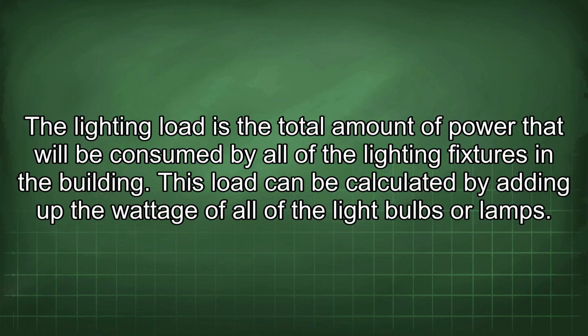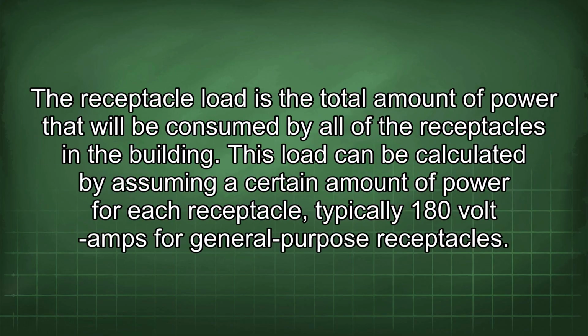This load can be calculated by adding up the wattage of all of the light bulbs or lamps. The receptacle load is the total amount of power that will be consumed by all of the receptacles in the building. This load can be calculated by assuming a certain amount of power for each receptacle, typically 180 volt-amps for general purpose receptacles.